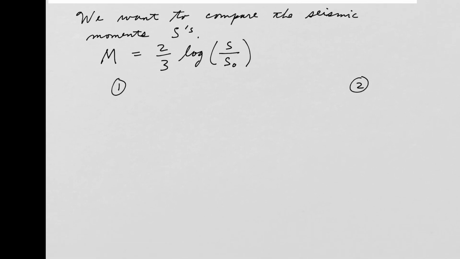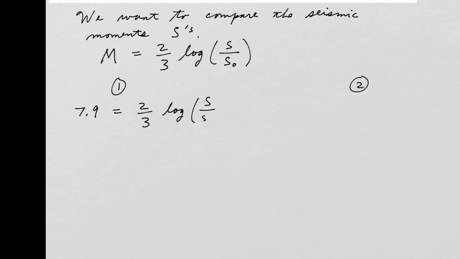So in the first earthquake, the magnitude was 7.9, and that's equal to 2/3 log of S over S naught. In the second earthquake, the magnitude was 4.7, and that's equal to 2/3 log of S over S naught.